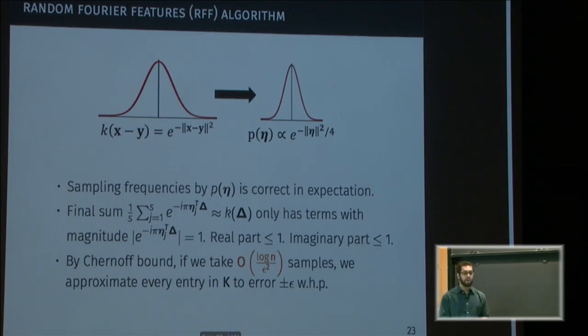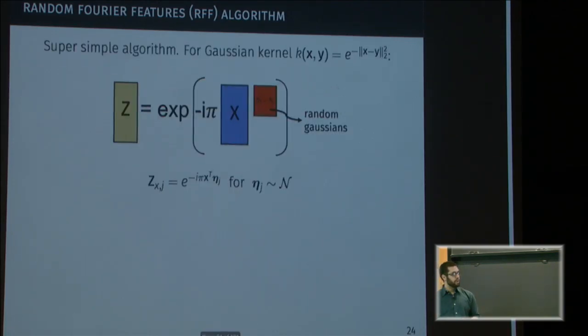I can just apply a Chernoff bound independently to the real and imaginary parts, and say that if I took log n over epsilon squared samples, I'll preserve the dot product with probability 1 minus 1 over polynomial in n, which is my failure probability. So I can union bound over all of my n squared dot products and preserve all of them with high probability. All I need to do is take log n over epsilon squared samples, and I preserve that kernel dot product. OK? That's basically the analysis in the original paper.